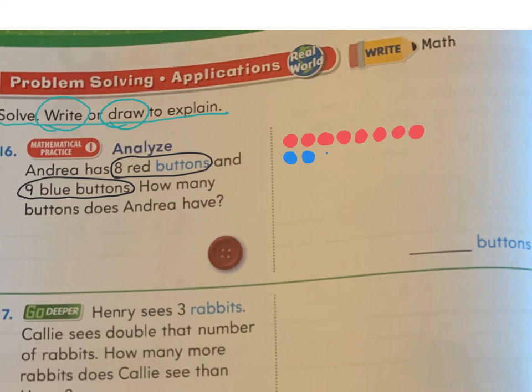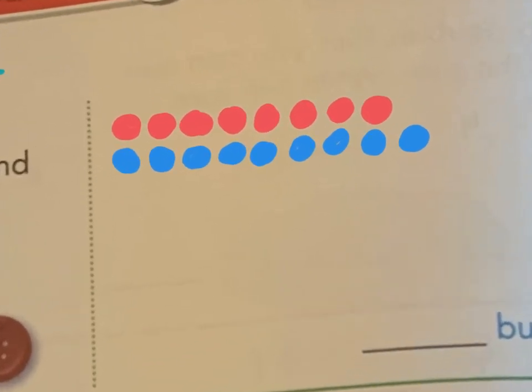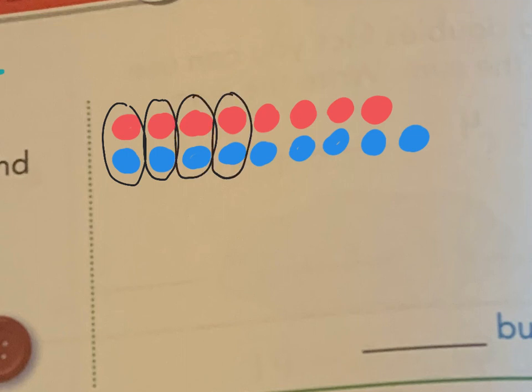So 1, 2, 3, 4, 5, 6, 7, 8, 9. So notice that they line up. All of these ones line up.